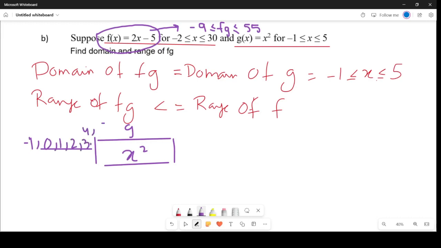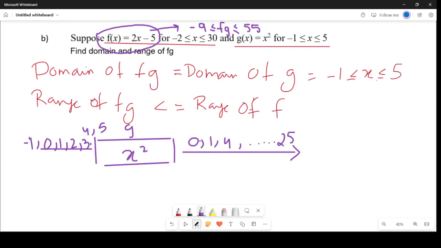So the minimum output would be 0, and then 1, 4, etc. There are values in between too. Don't think the input and output are discrete. No, it's not discrete, it's continuous. And then the square of 5 is 25.